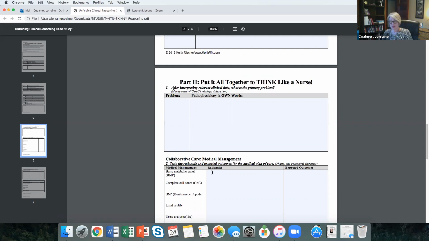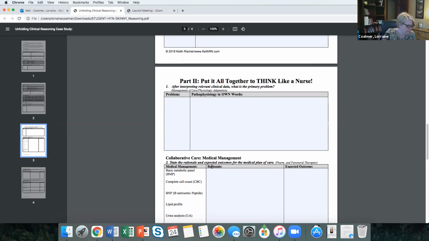Primary hypertension is associated with, what has he got that's causing his primary hypertension? Hyperlipidemia, obesity and smoking. Does he smoke? Yeah, he smokes. High sodium diet, right? All of those risk factors.